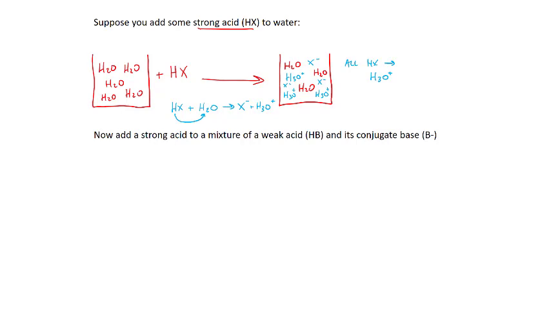Now, let's do the same thing. Let's add a strong acid to a solution, but this time it's not going to be plain water. We're going to add it to a mixture of a weak acid and its conjugate base. What I mean by that is that you could have these compounds together in solution, and there would be an equilibrium that looks like this taking place.